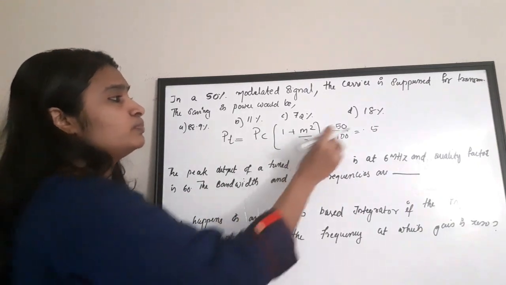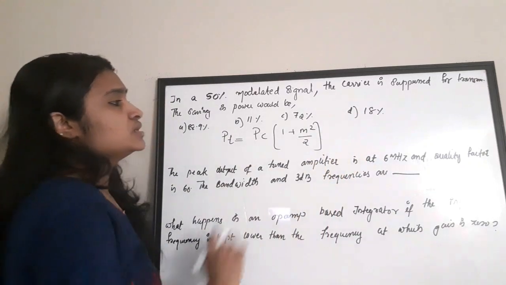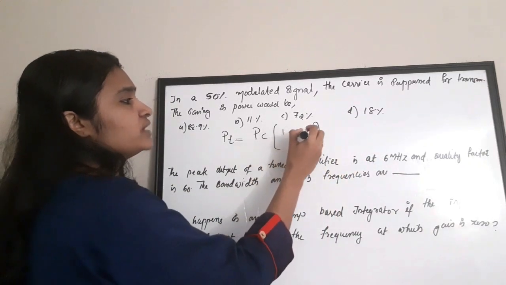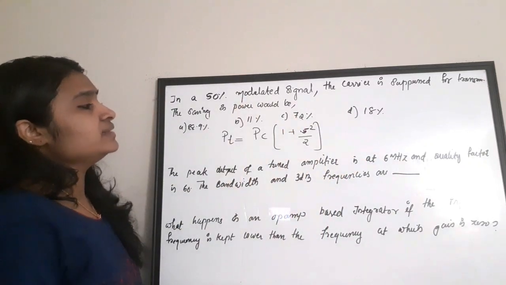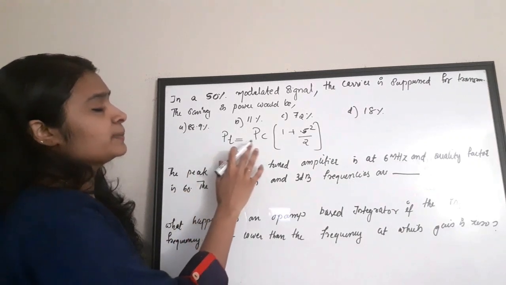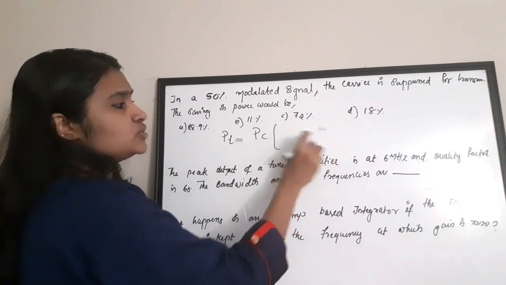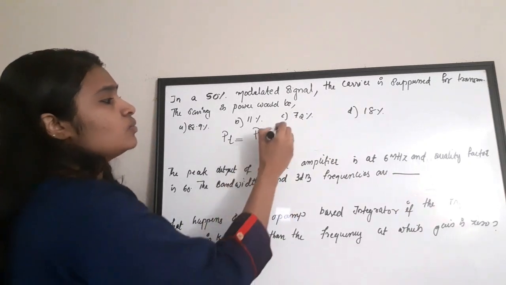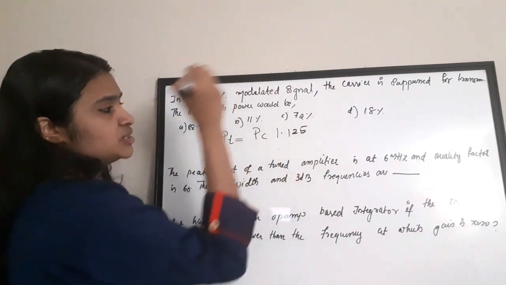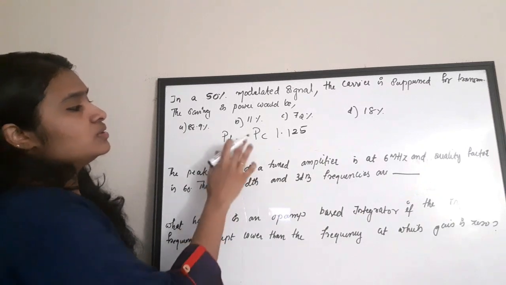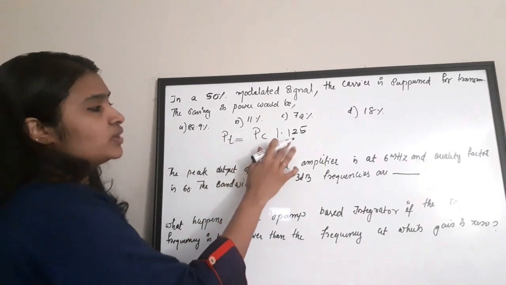Very simple. So 0.5 is the modulation index. You can substitute it here, 0.5 square by 2. So you will get PT is equal to PC into 1 plus 0.5 square by 2, which is nothing but 1.125. So PT is equal to PC into 1.125.